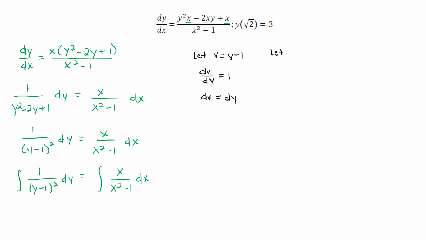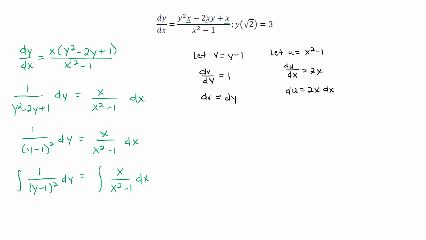Then for the right side, x, we're going to let u equal x squared minus 1. So du over dx is going to equal 2x. So du will equal 2x dx.